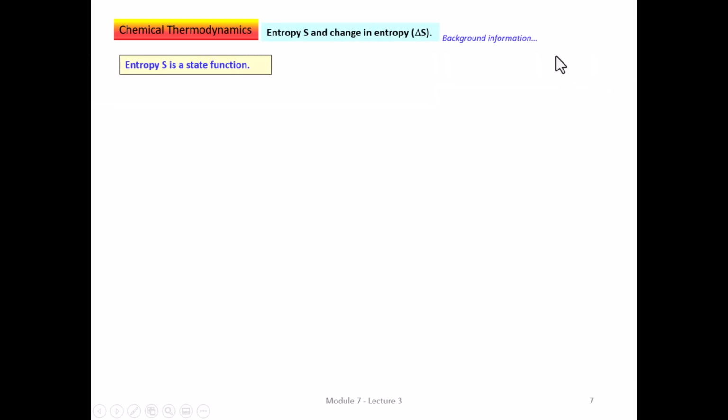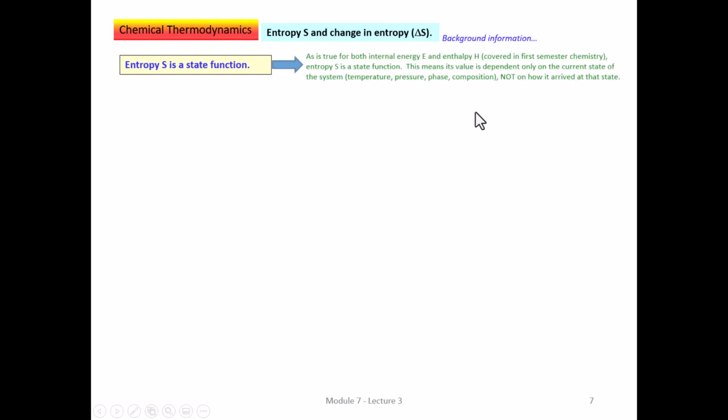Another thing we want to talk about is that entropy is a state function. As is true for both internal energy E and enthalpy H, which is covered in first semester general chemistry, or in the first two lectures of this module, entropy S is a state function. This means its value is dependent only on the current state of the system, temperature, pressure, phase, composition, and not on how it arrived at that state.